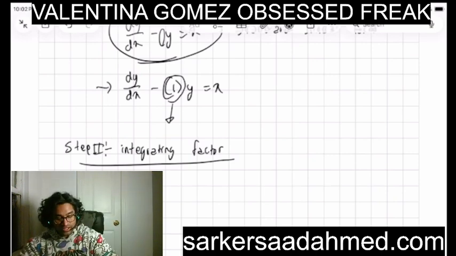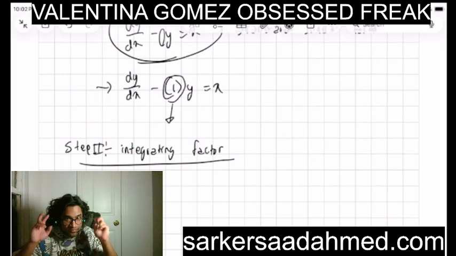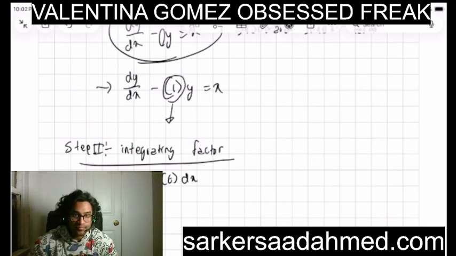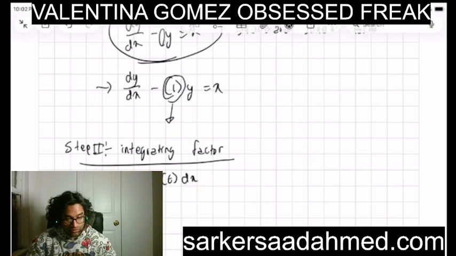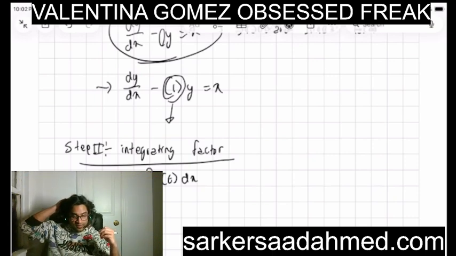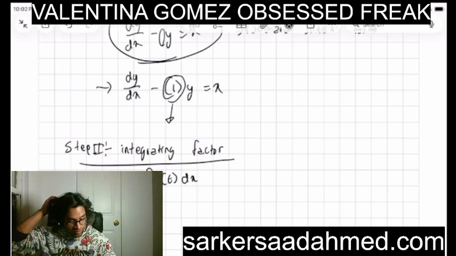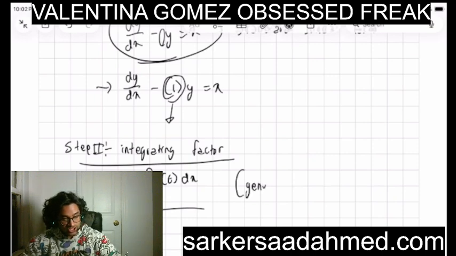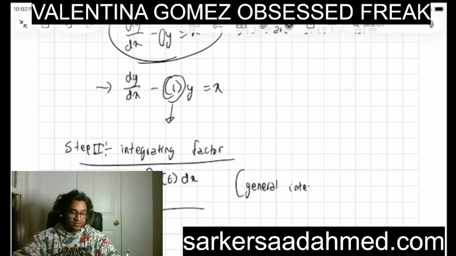So generally, you're going to say mu of x is equal to e to the power minus something, let's say we call it t of dx, and we're going to integrate that, right? So this is how you write the general integrating factor.